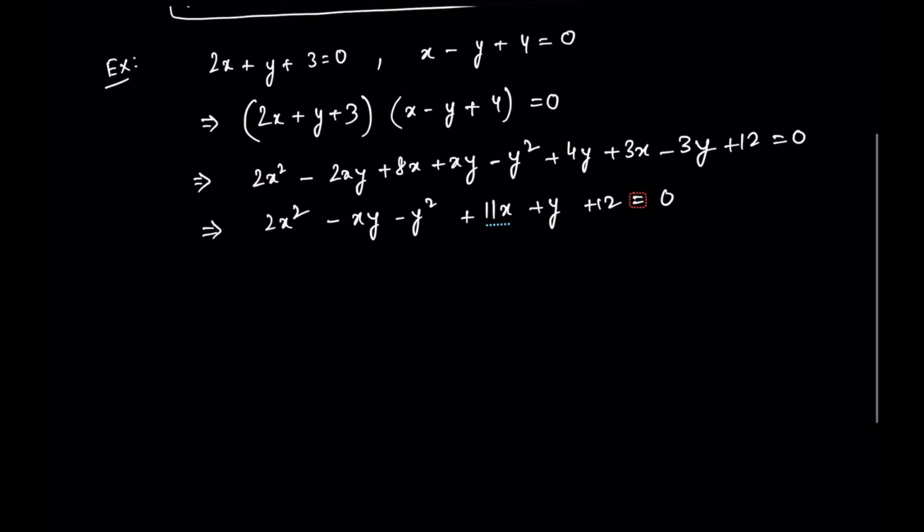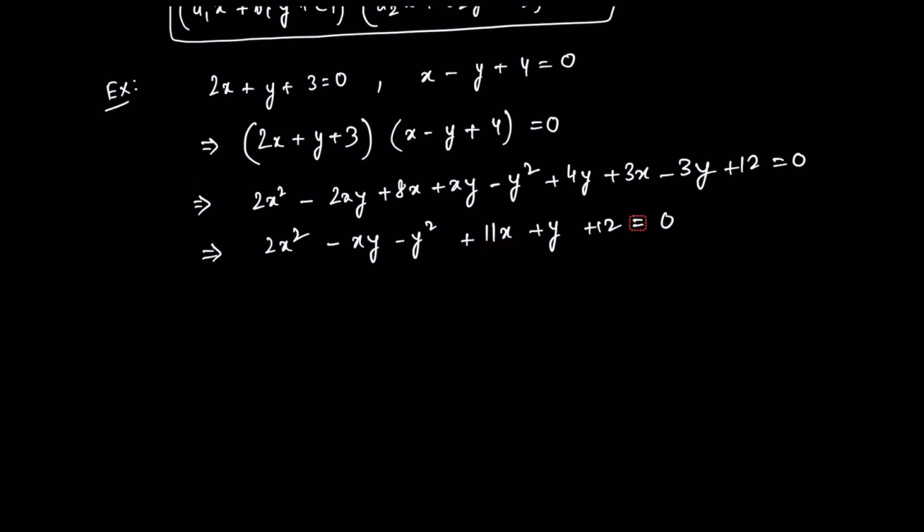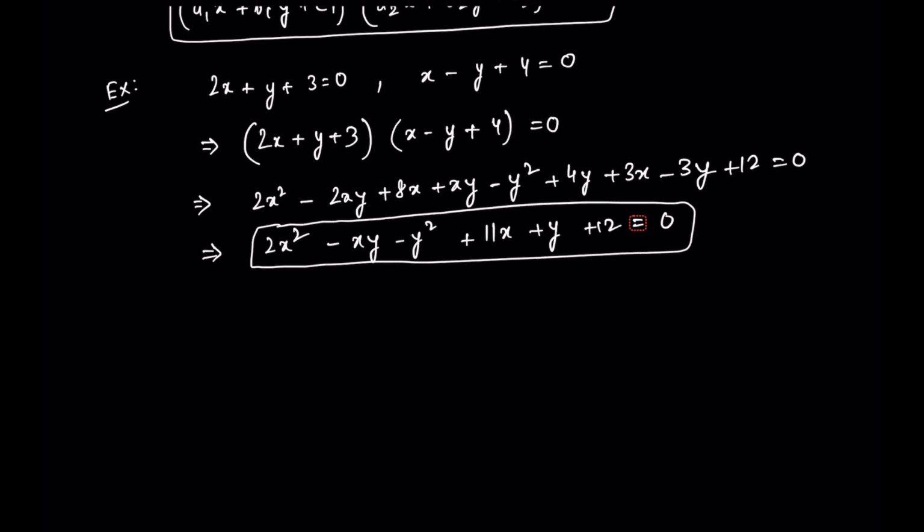So this is the combined equation of the lines, students. If I have made any mistake in multiplication, you can correct it. My idea over here is just the multiplication. So this is how the combined equation of two lines will look like. That is a pair of straight lines. Correct, students? I think till here it's clear to you all.